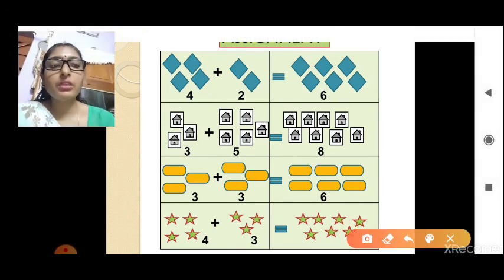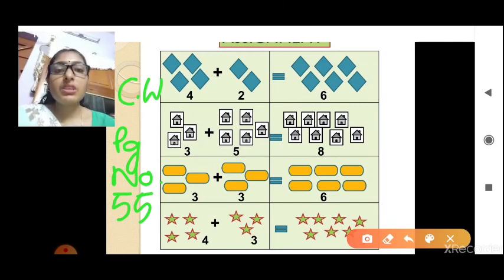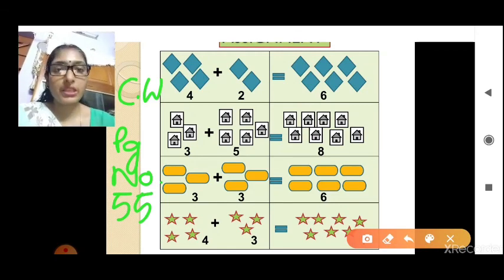With that you will write page number 55 problems. In class work, including this assignment, you will write page number 55 problems. All these problems you will do in the class work as well as in the textbook.